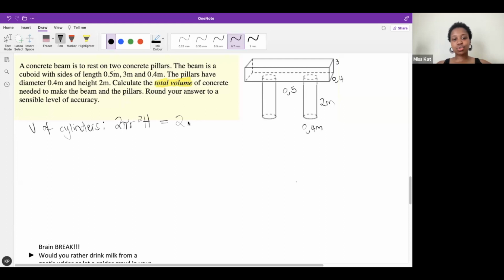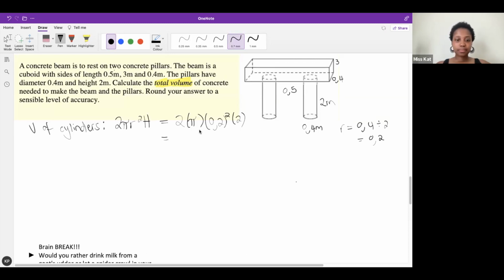Okay, so it's 2 times pi. What's my radius if my diameter is 0.4? 0.2, which is 0.4 divided by 2. Okay, 0.2 squared. And my height? 2 meters. So what's my volume for the two cylinders?